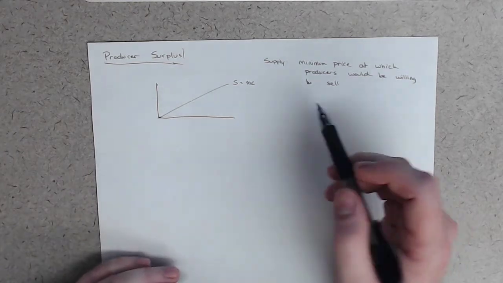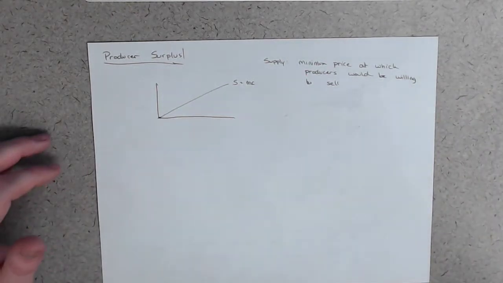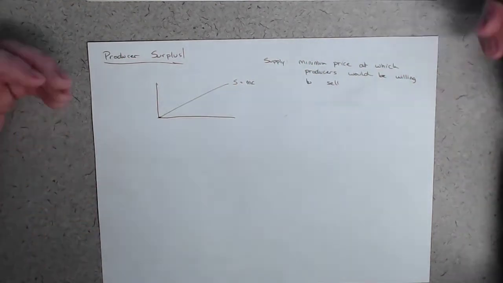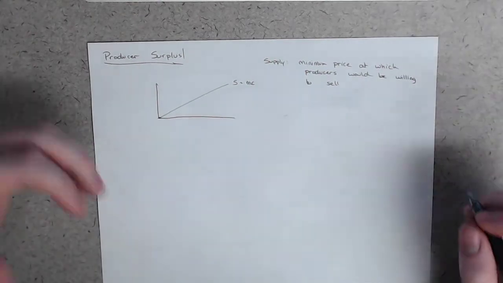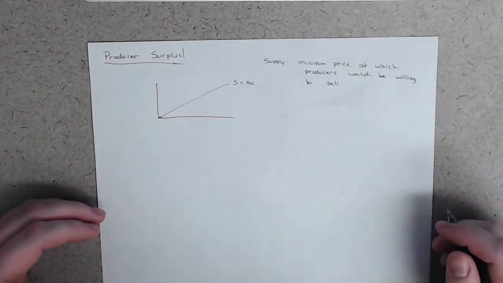And so if you charge your marginal cost, you're not making money, but you're not losing money either. So the supply curve is the minimum price at which the producers would be willing to sell.